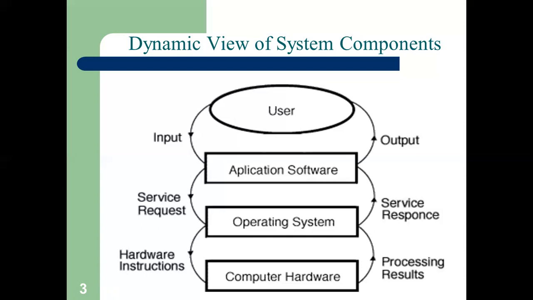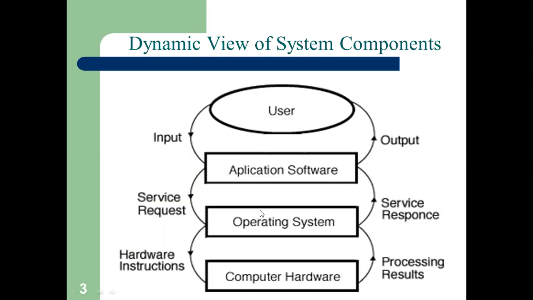Here, in computer hardware, we have the CPU as well as the main memory. The operating system is doing every type of management: CPU management, file management, memory management, and the last one, IO management, input output management.